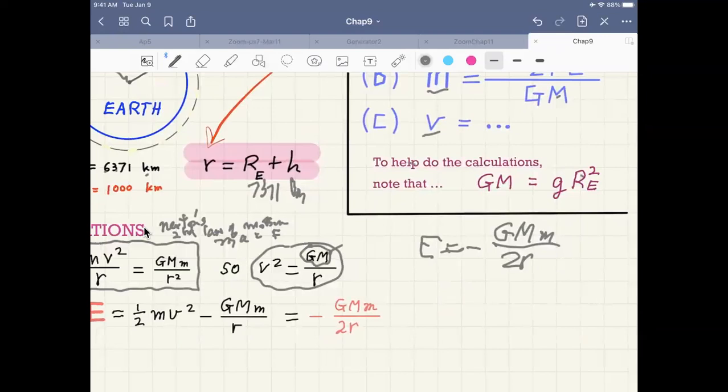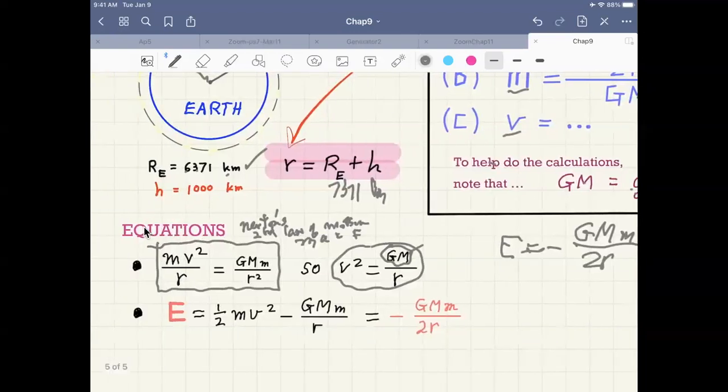You just have to know the value of GM. And GM is g R squared, 9.81 times the radius of the Earth squared. The radius of the Earth we do know. And r is 7,371 kilometers. So this calculates v.